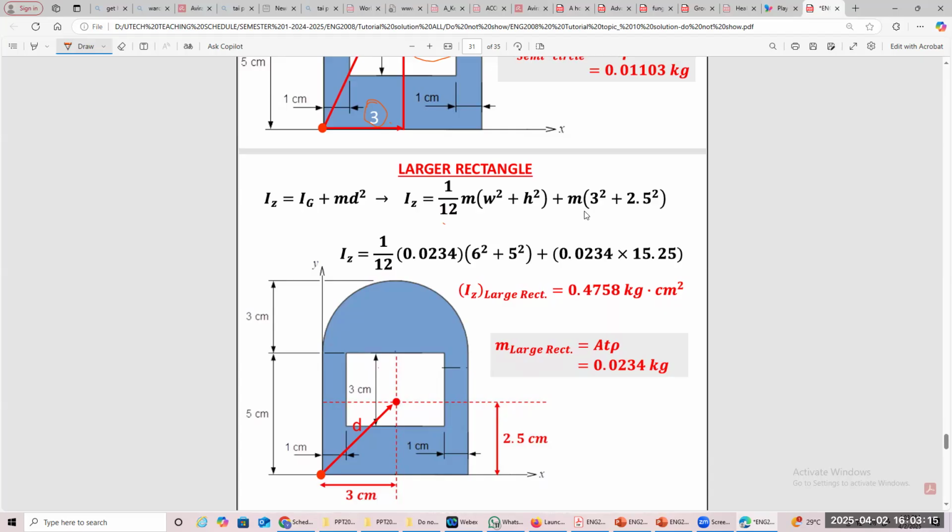For a rectangle, the standard is the width times the height square times the mass, and you'll find the mass of that section by using the same ratio, the ratio of the area of the figure.